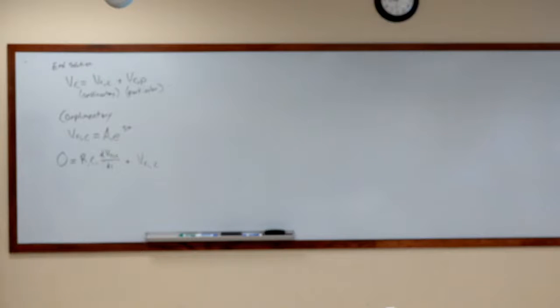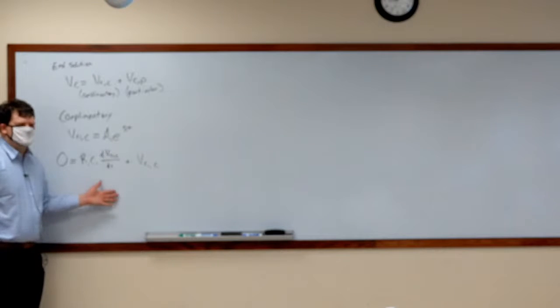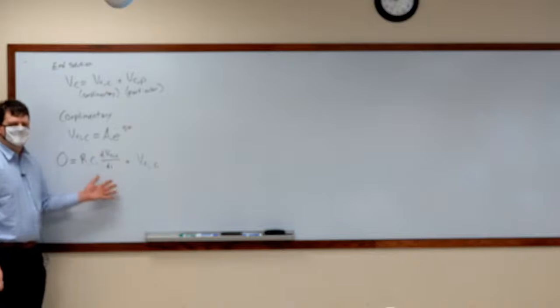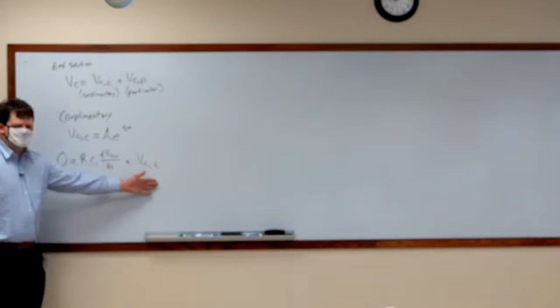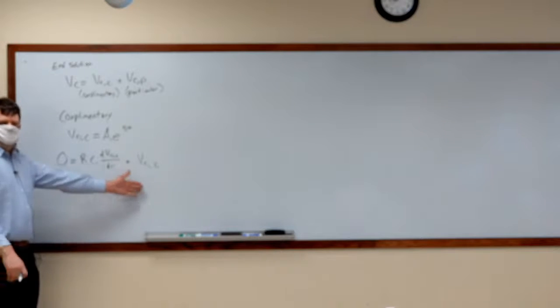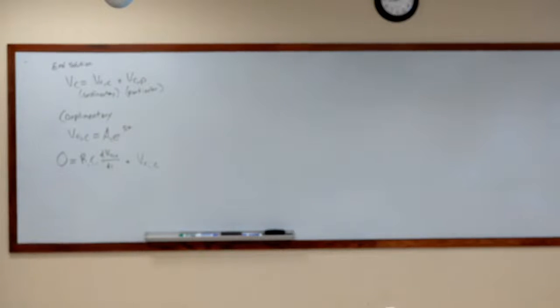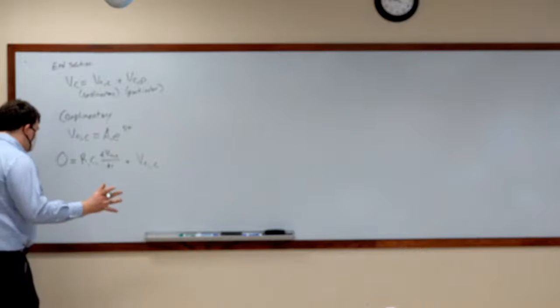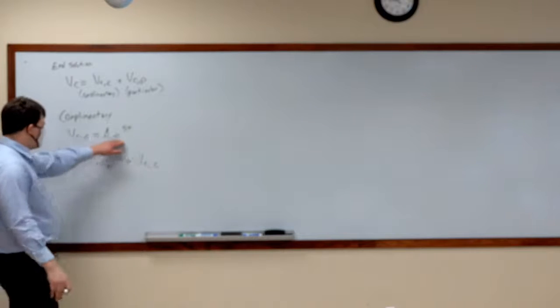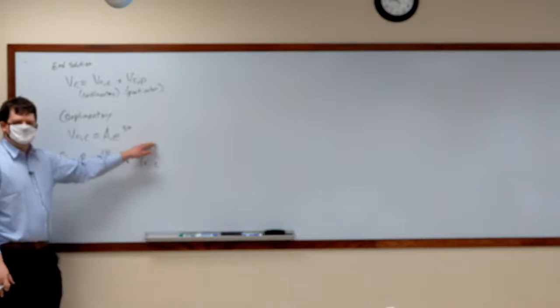Because we're not solving for this equals a constant. These functions cancel out. We're solving for that second implication: a function added to its derivative is equal to 0. So in doing this, we already have our estimate of the solution.